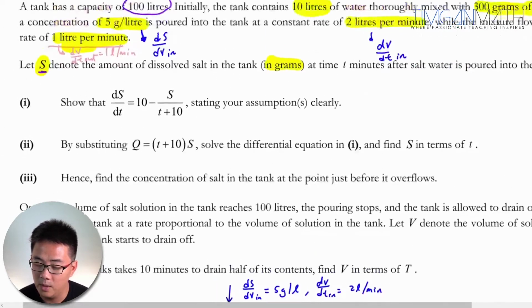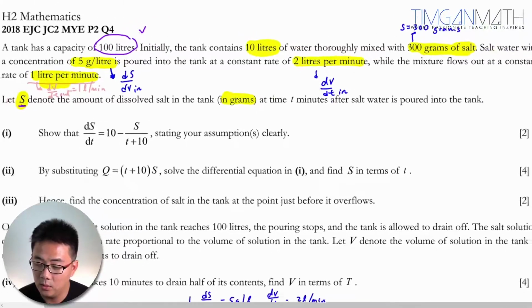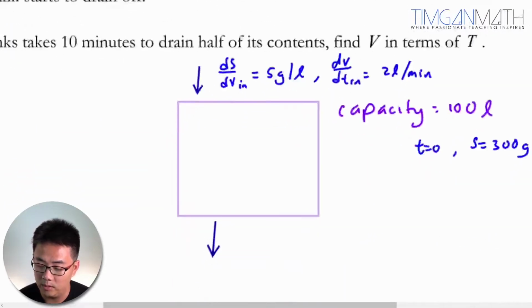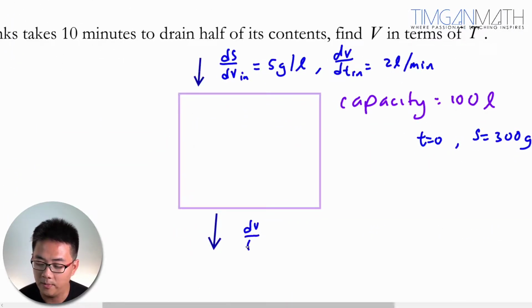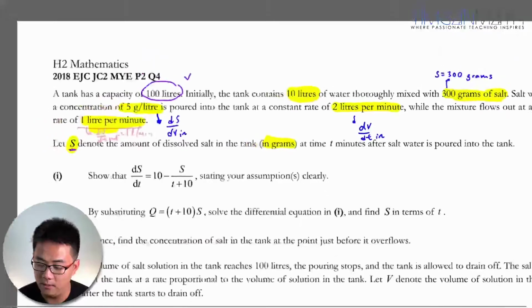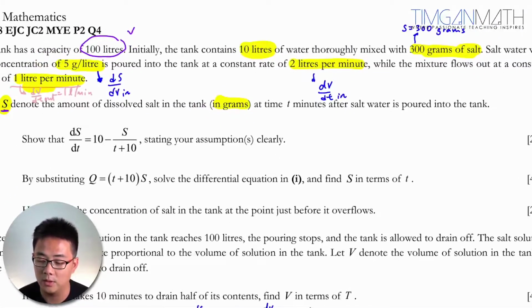Then the water is going out at 1 liter per minute, so dV/dt out is 1 liter per minute. I think we have all the information needed to solve this question.